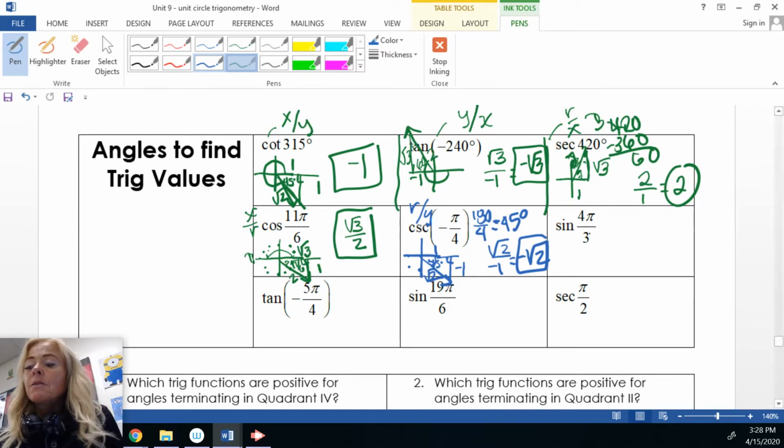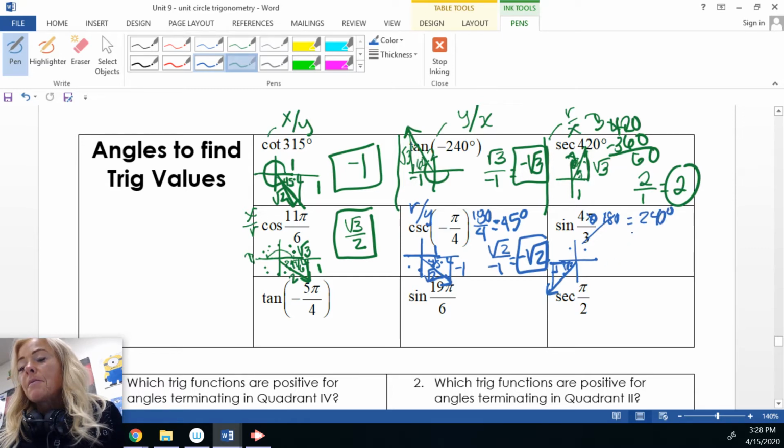And then the next one, sine 4 pi over 3, we're going to break up pi into 3 parts. So 1, 2, 3 to pi, and then 1 more third right there. So this is a pi over 3 angle, and for pi over 3, you replace pi with 180, that's 60 times 4, which is 240.